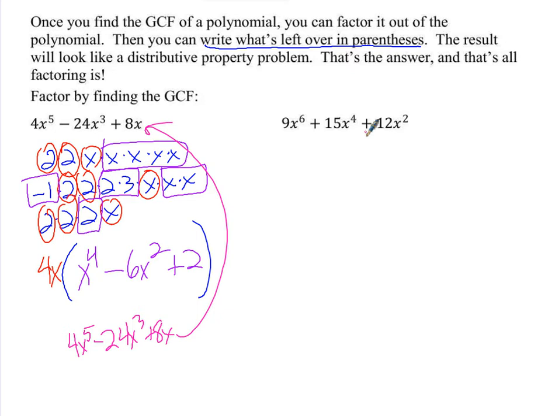All right, see if you can talk me through this one. What should we do? First, factor all the terms completely. All right, so what does 9x to the 6th look like? 3 times 3 times. Good thing I didn't make it x to the 28th. 5 times 3 or 3 times 5.